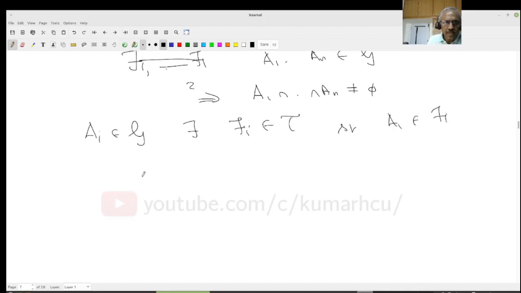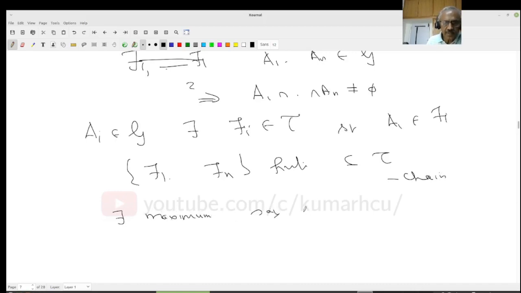Now let us look at this family F1, F2, Fn. This is a finite family contained in tau. This is a chain. Therefore there exists a maximum in this, namely say Fk. What does that mean?